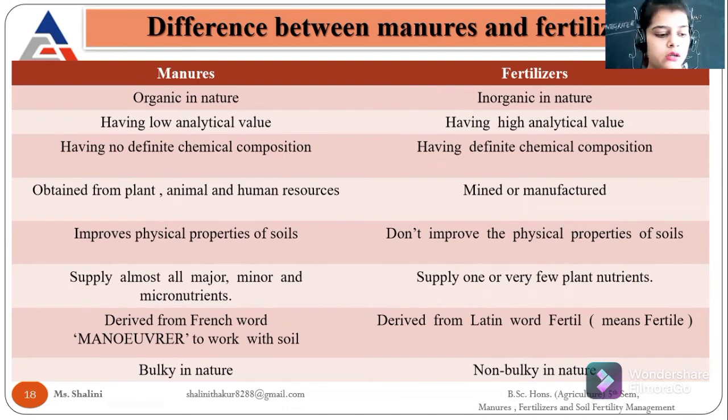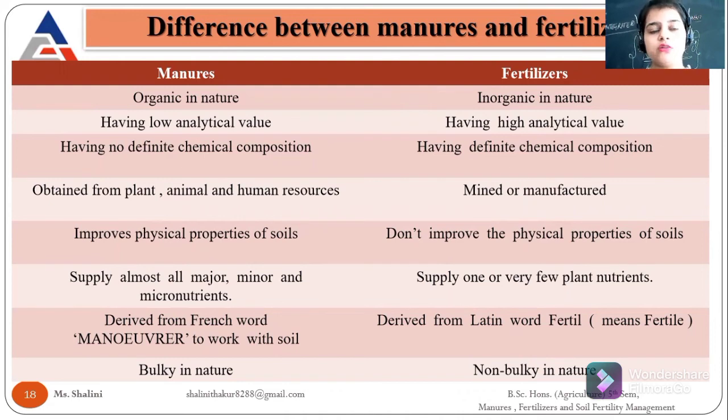Then via manures we are supplying all the major, minor and micronutrients. But for fertilizers the case is different. If we want to supply nitrogen, we supply urea. If we want to apply phosphorus, we apply DAP, diammonium phosphate.